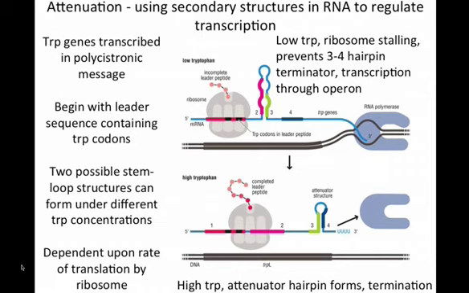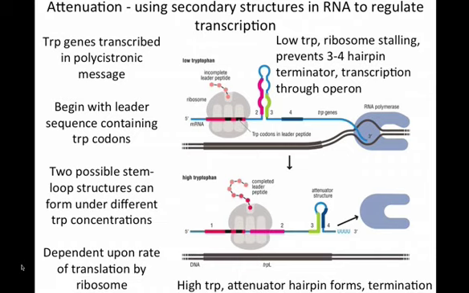But when you have high tryptophan, there's going to be no stalling because there's plenty of tryptophan available. And so you're going to actually be kind of obscuring where this hairpin forms, and that allows this different hairpin to form, which is an attenuator. And that's going to basically kick off the polymerase before it can transcribe through the whole operon.